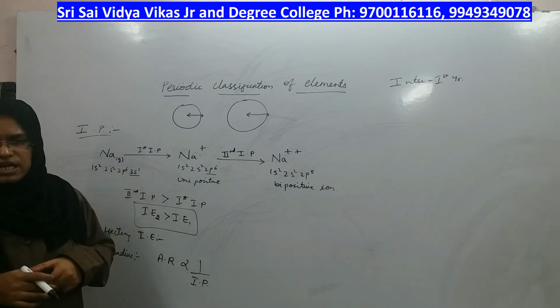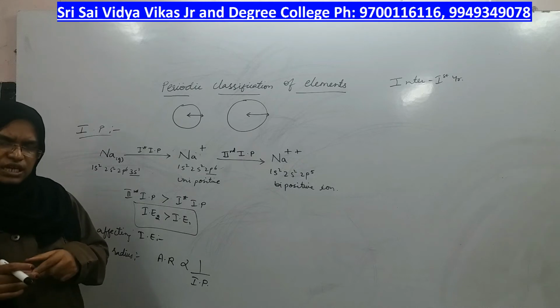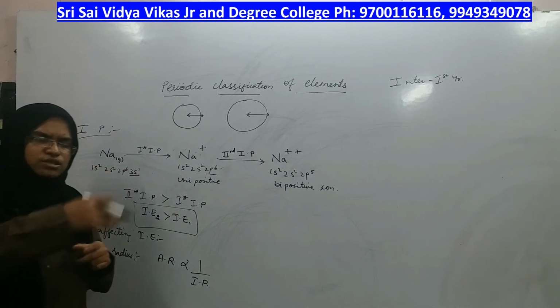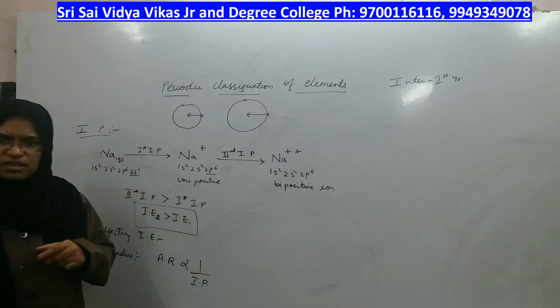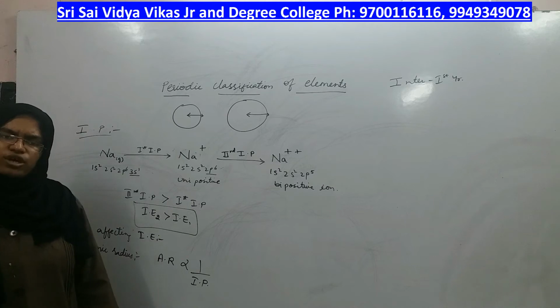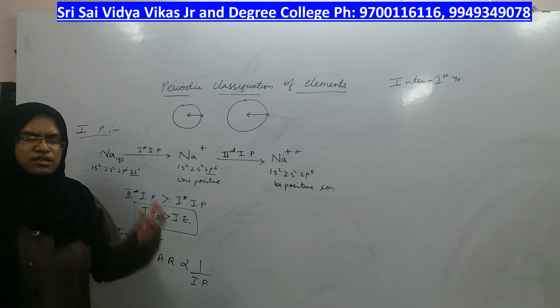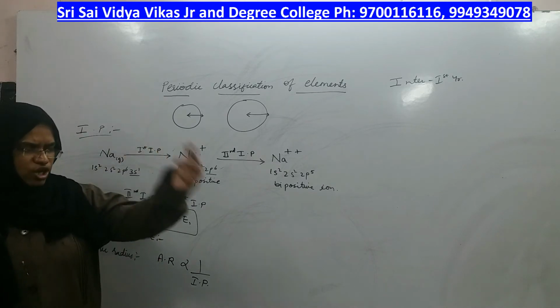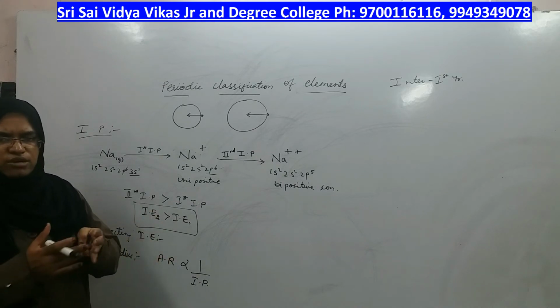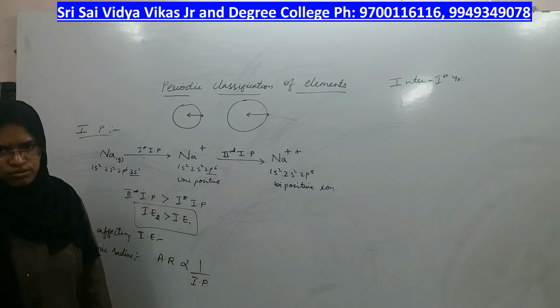In rubidium the valence electron will be in the fifth shell. As you go from top to bottom, the valence electron starts going into the larger shells. That means they are going away from the nucleus. If they are going away from the nucleus, the attraction of the nucleus on that electron also decreases, and in that case atomic radius increases from top to bottom.